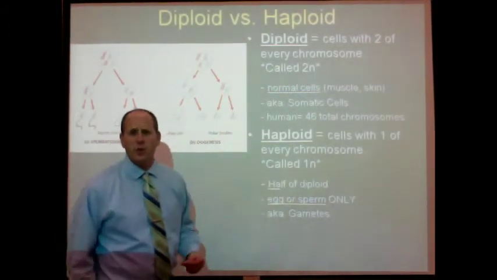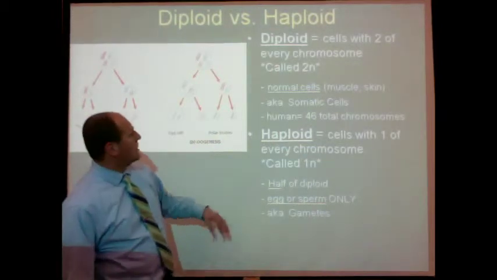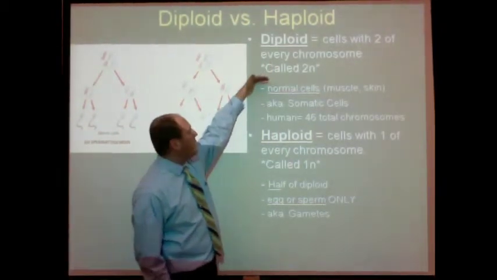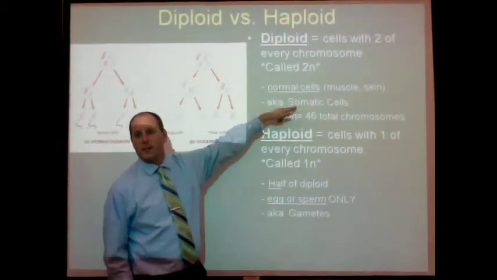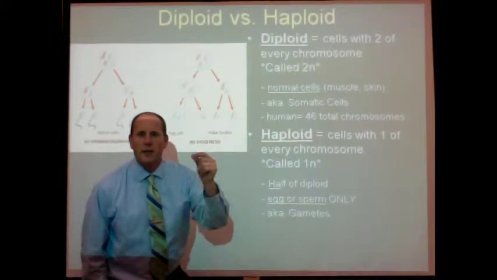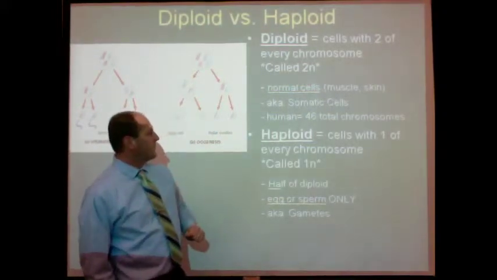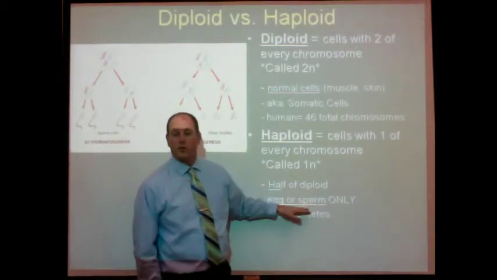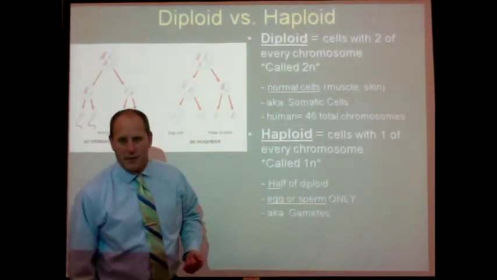So you have a few different terms on this particular page to worry about. Diploid cells are our normal cells, also called the somatic cells. And there's 46 total chromosomes in a human diploid cell. Haploid cells have half of that. They're our egg or sperm cells. We call those the gametes.